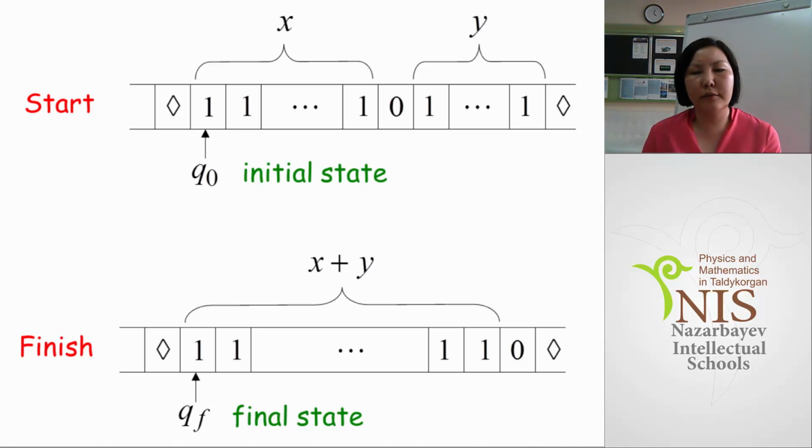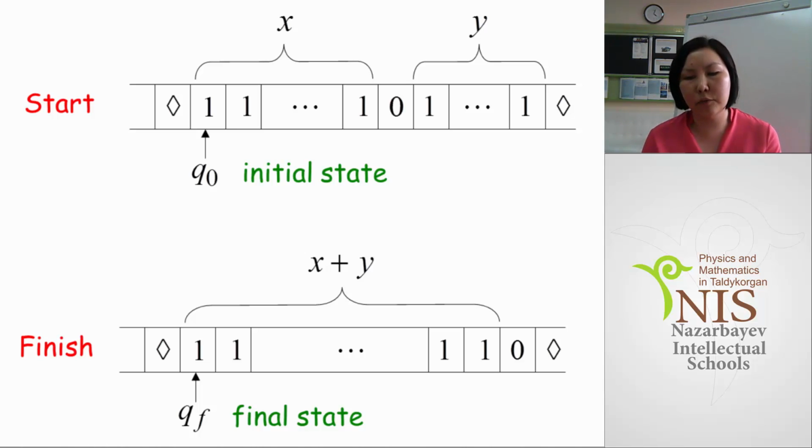In the start, we have to see a number of ones that represents x, and the 0, and the number of ones that represents y. At the end, we have to see the number of ones that represents x plus y. It will be the sum of them.